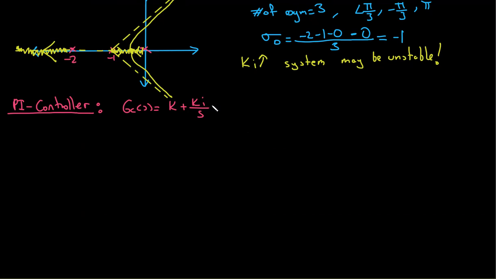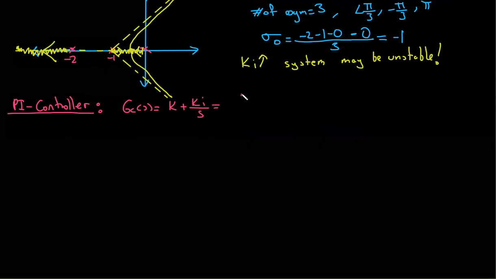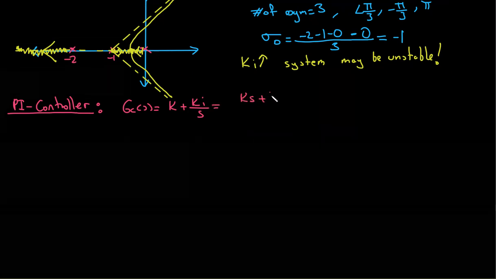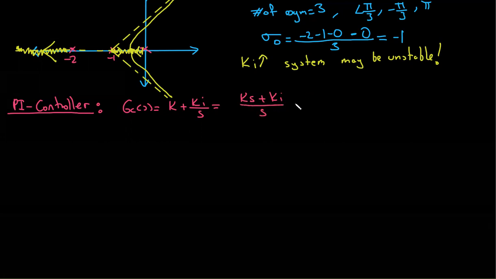And I can write this transfer function as K times S plus Ki over S. And I can write it as K parentheses S plus Ki over K, divided by S, okay? So I can write this thing in the form of K times S plus alpha divided by S.